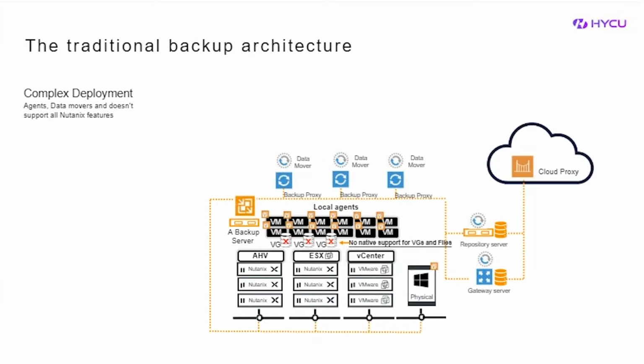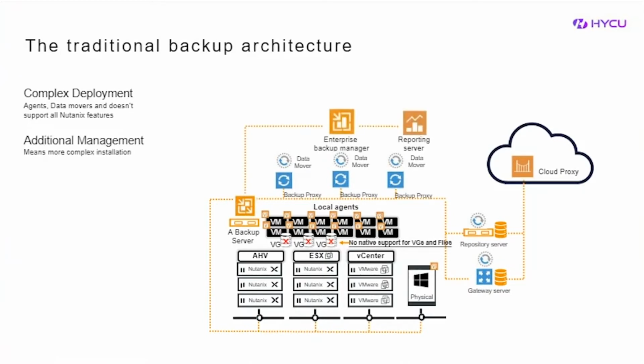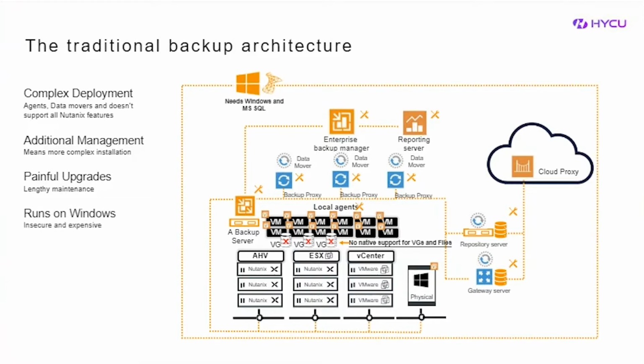They have lots of different piece parts, lots of different servers running all over the place, agents deployed across the board, and if you want to manage it, they'll say, oh, I need additional management servers. And once you have such complex infrastructure, as many of you know, it's a question of how do you upgrade? Upgrades become painful.